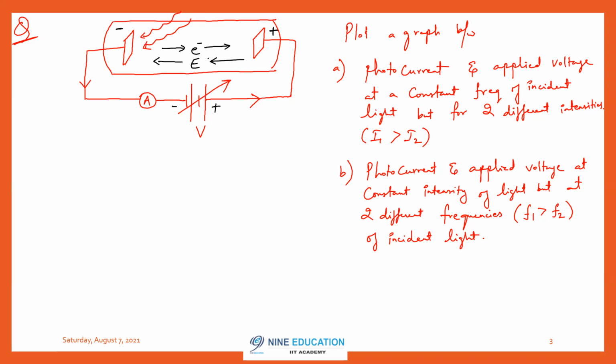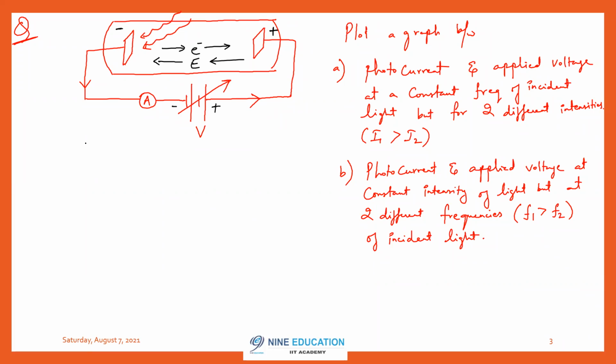And the electrons' direction is like this. So the electric field is supporting the flow of electrons. So there is nothing called the stopping potential concept here.